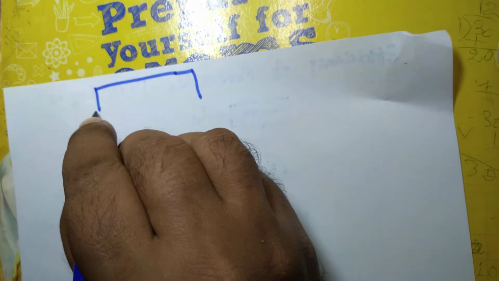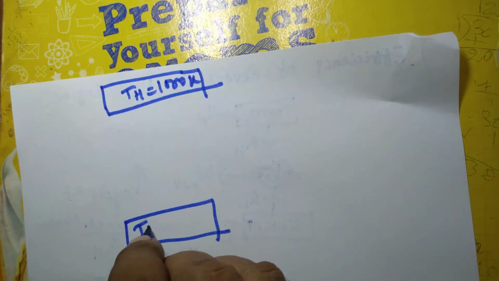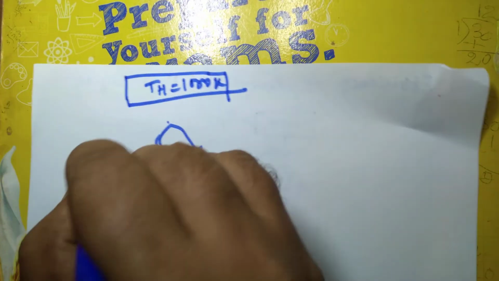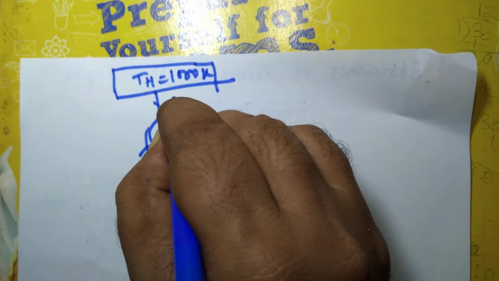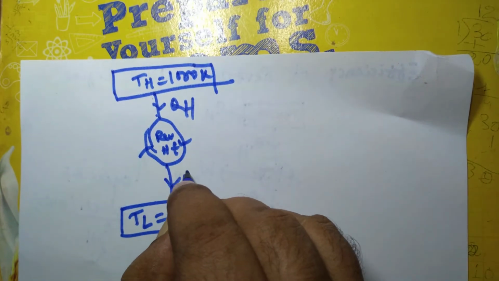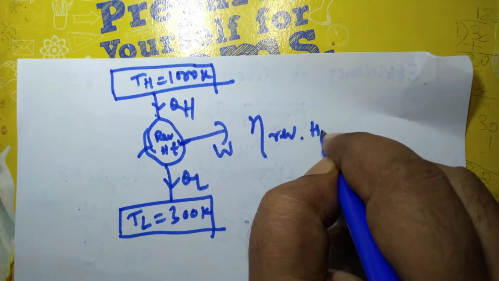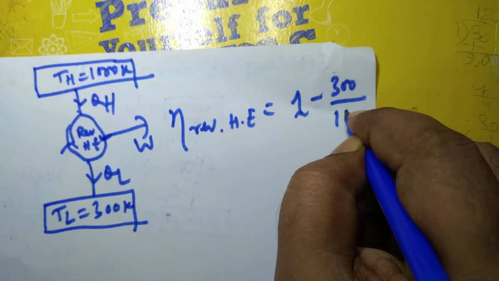Suppose TH is 1000 Kelvin and TL is 300 Kelvin. Then the efficiency of this reversible heat engine will be, no matter whatever QH and QL are, 1 minus 300 divided by 1000.